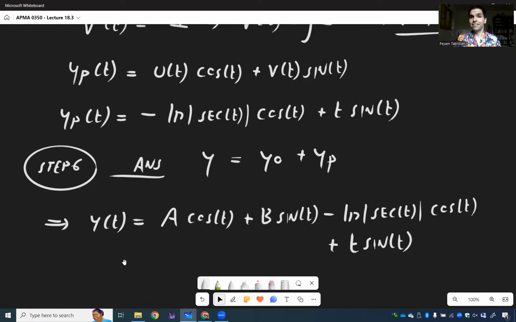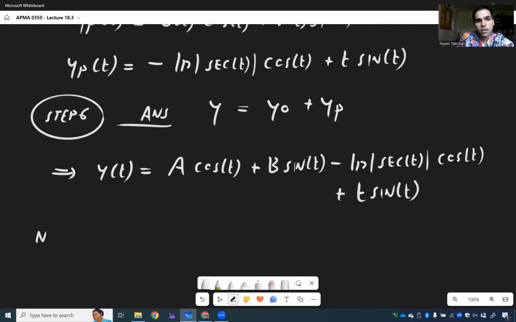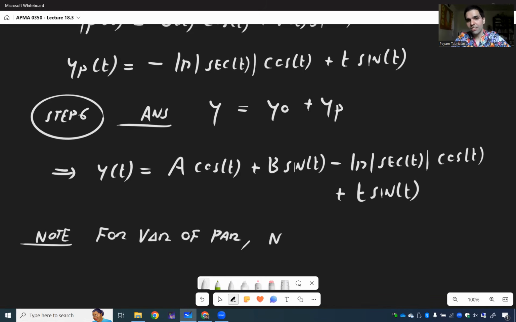Who would have guessed that? I mean, good luck doing that with undetermined coefficients. It wouldn't have been possible. But I do want to say again, what's nice about variation of parameters is it works every time. It works every time. And also, as I said, there is no guessing involved. In particular, note, for var of par, there is no need to check for resonance.